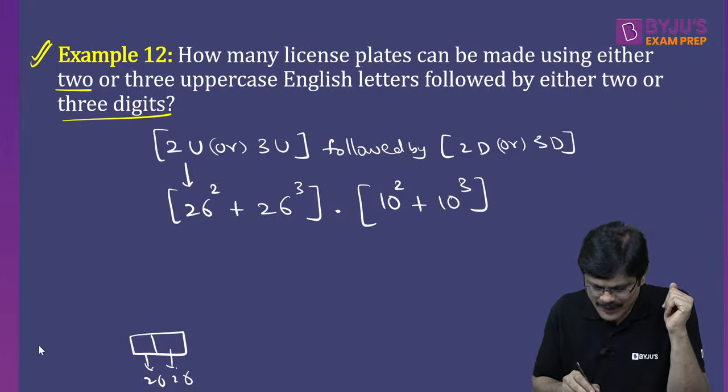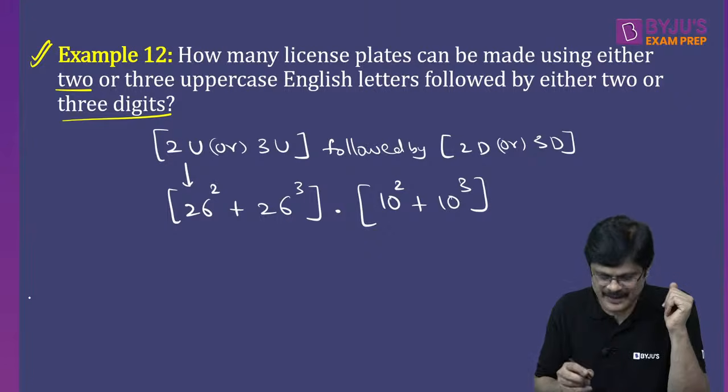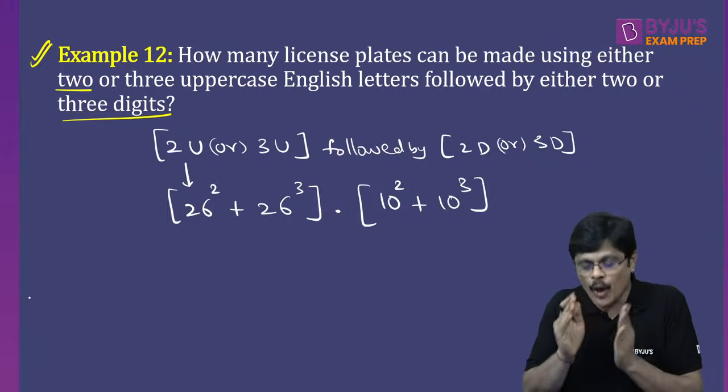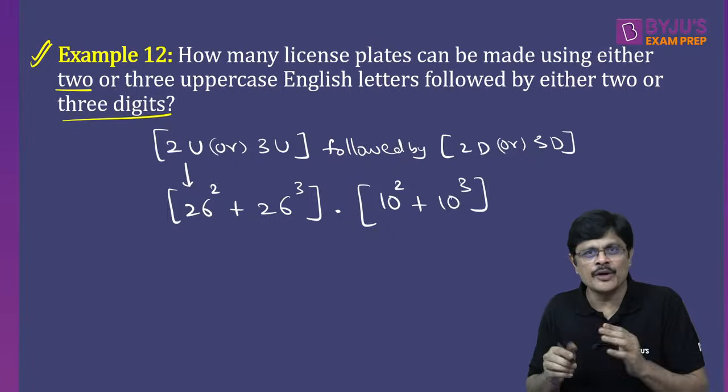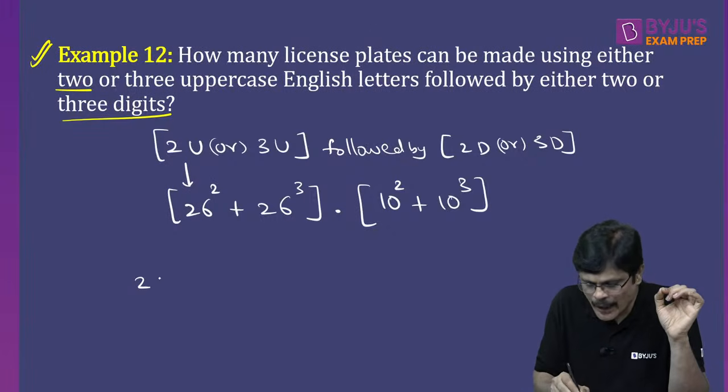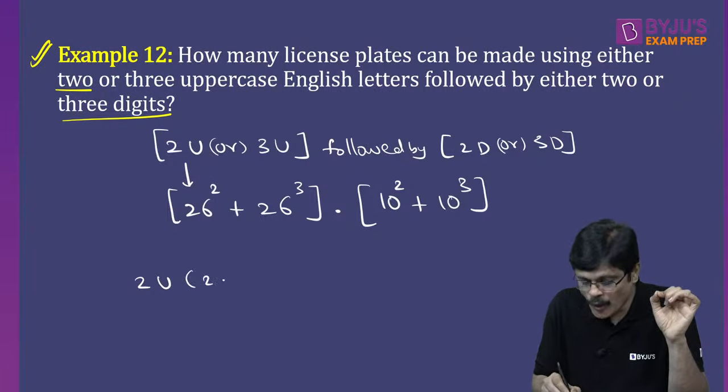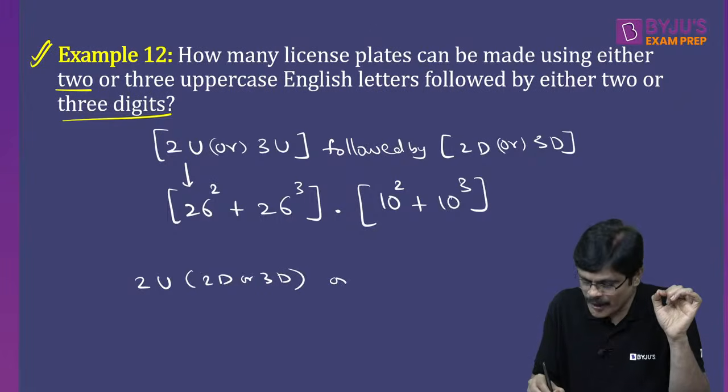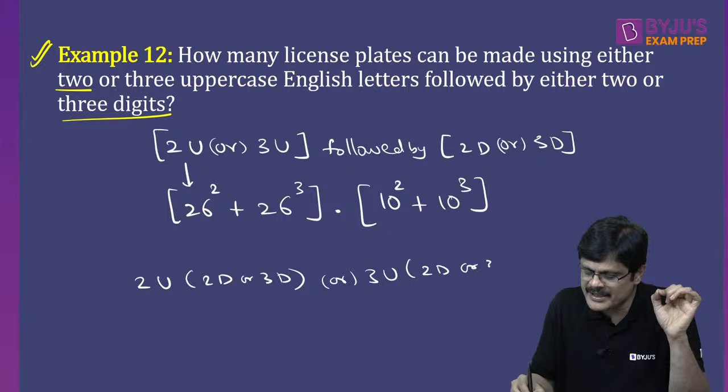Or some people, what they do, they expand this statement. 2 or 3 followed by 2 or 3, no? So 2 letters or 2 uppercases followed by 2 or 3 digits, or 3 uppercases followed by 2 or 3 digits.